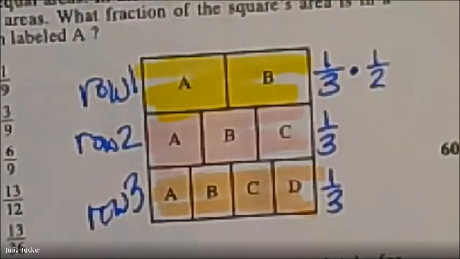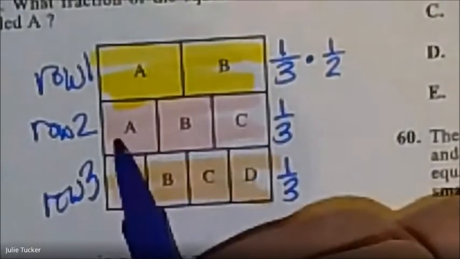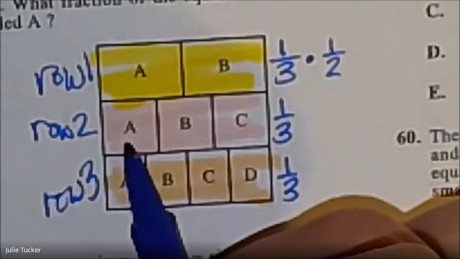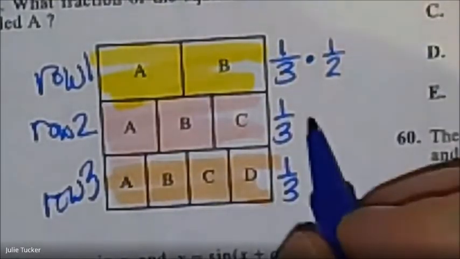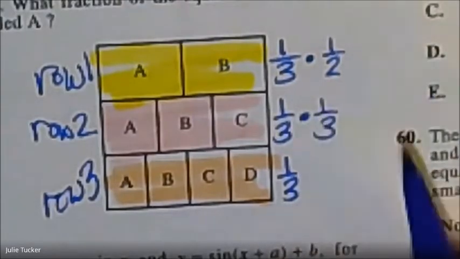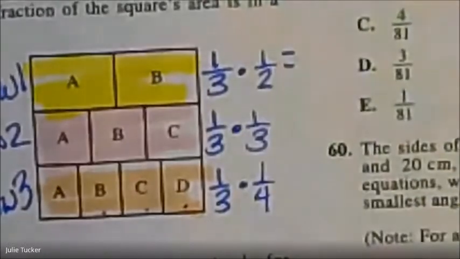I'm going to go times 1/2 to find out exactly how much it is. This one, this A is 1/3 of the total. So I'm going to go 1/3 of this. And this A, since there's 4 of them here, this A is 1/4. So when I multiply 1/3 times 1/2, what do I get?